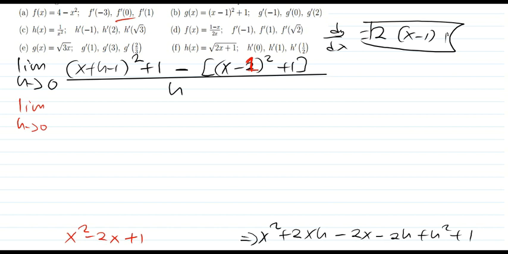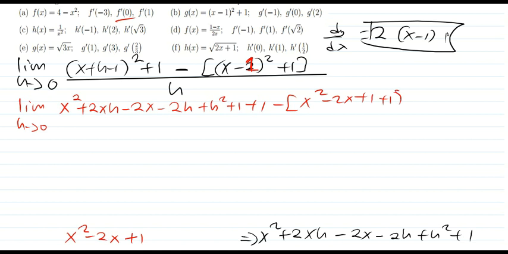Everything here, we're talking about the one which is squared, meaning we have x squared plus 2xh minus, I'm just copying this, minus 2x minus 2h, then plus h squared, then plus 1, again plus 1, this one here. Minus, everything has to be in the brackets, x squared minus 2x plus 1, again plus 1, like that.